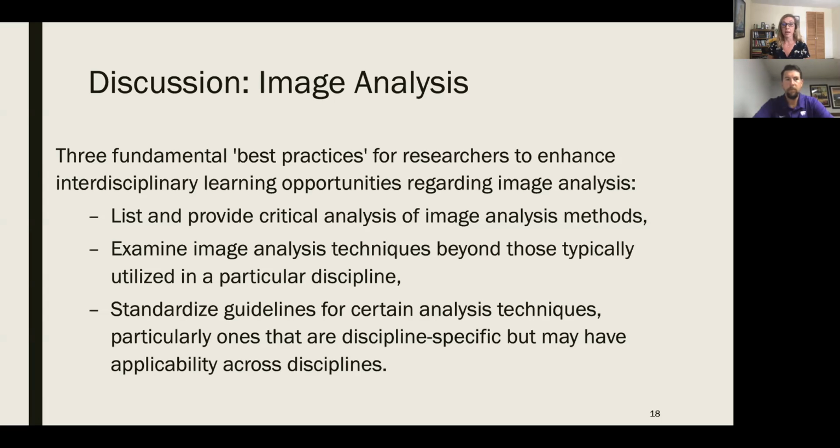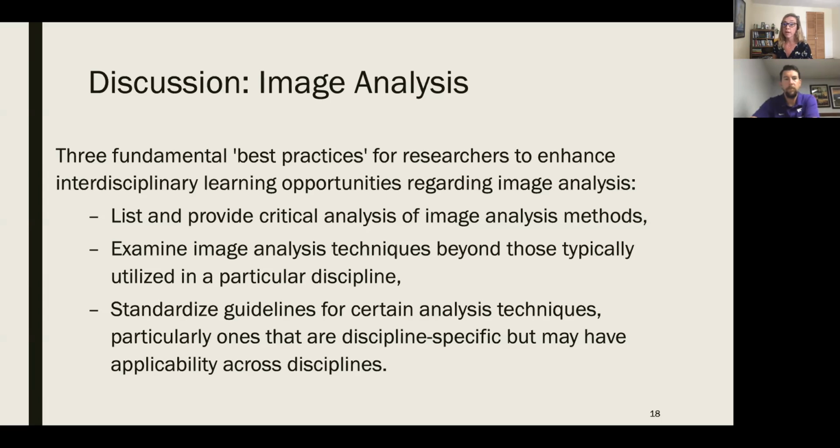And so this led us to the recommendation that researchers list and provide critical analysis of image analysis methods. This is really important when we're trying to learn from one another. Once again, based on the previous slide, if we document these things, then we can allow ourselves and other researchers to examine image analysis techniques beyond those typically utilized in our discipline.